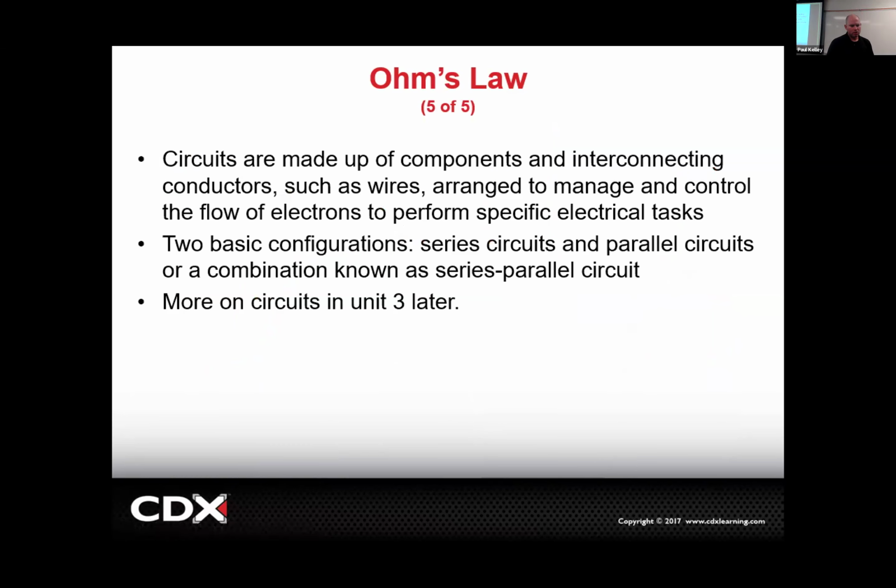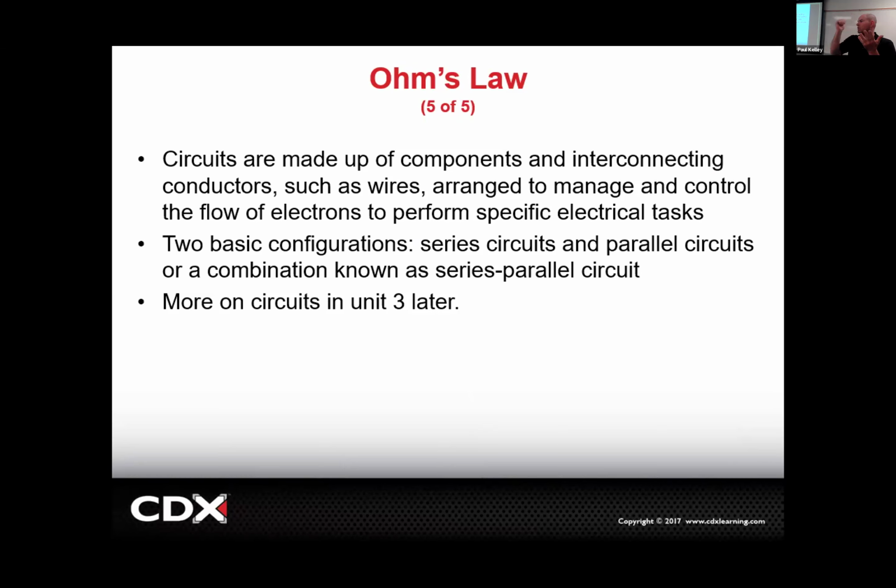Cool. And also, this is about circuits too. So if we were to discuss, circuits are made up of the components and the interconnecting conductors. That's really just wires. We're pretty much using wires. Now, the reason we say it like that is because let's say you're looking at an electronic device. Sometimes they have printed circuit boards, and they're not wires. They're just like literal trails of almost like solder.